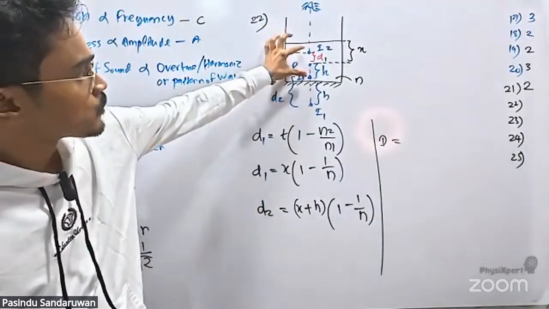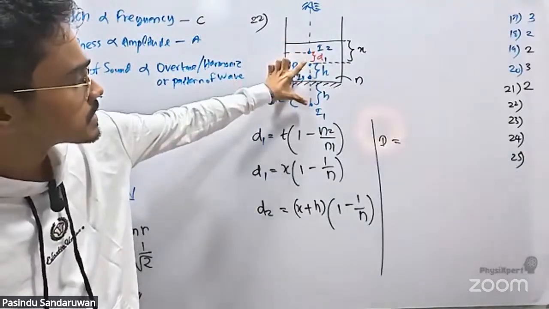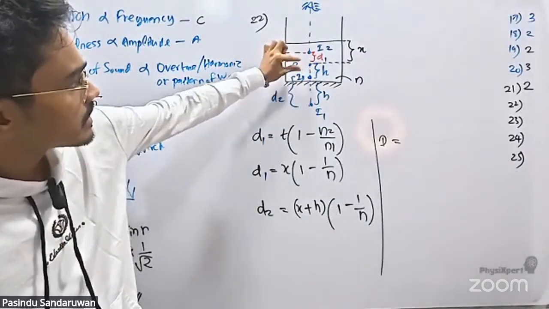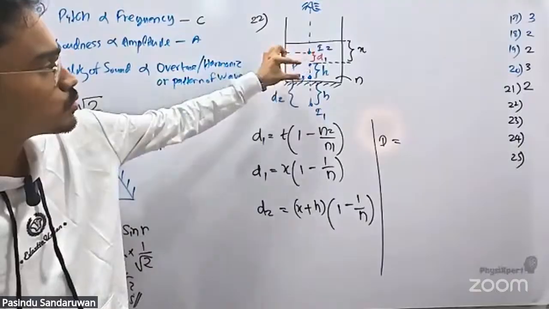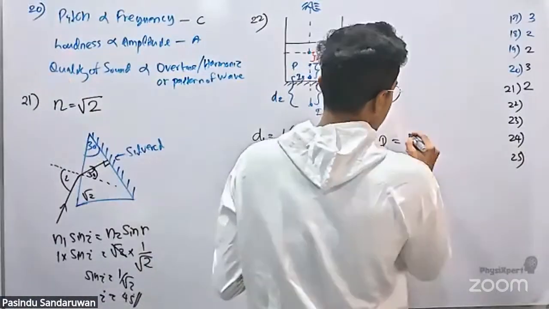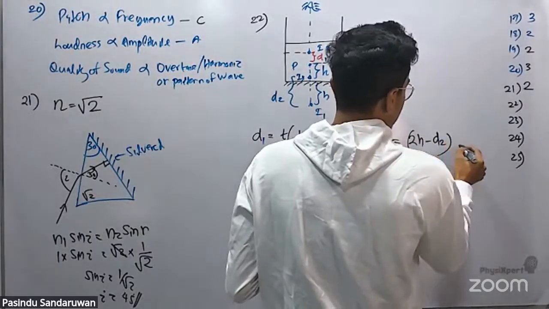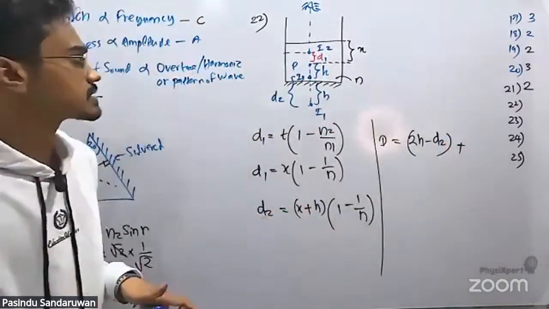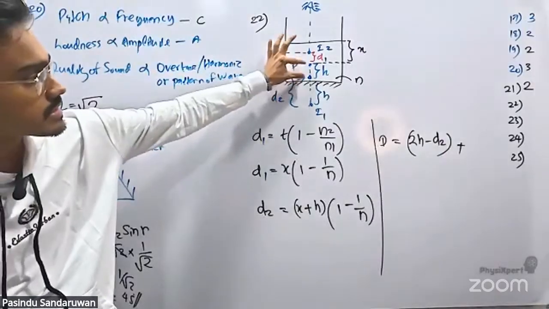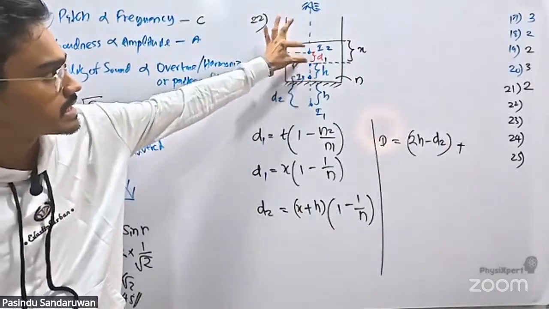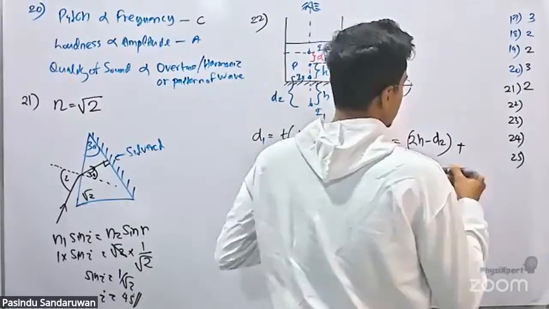Then we know this part is 2h, and this small part can be written as 2h minus d2. It can be written as 2h minus d2 plus, this small part is 2h minus d2 part again, and this is d1 plus d1.